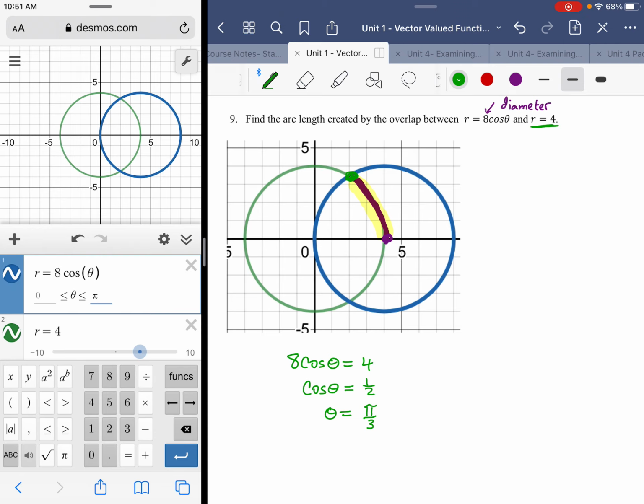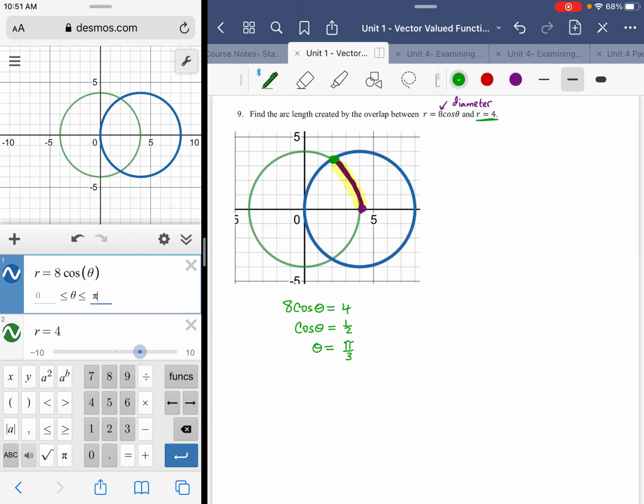As far as the circle r equals 4, we know that starts at 0 and ends at 2 pi, which we know from experience at this point.